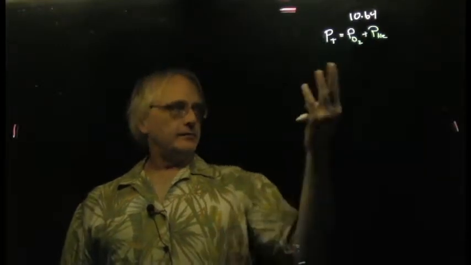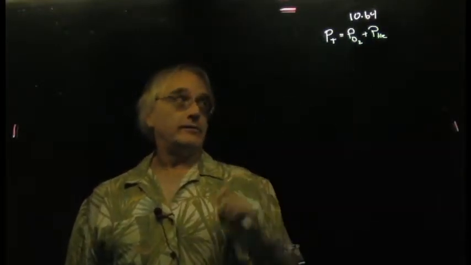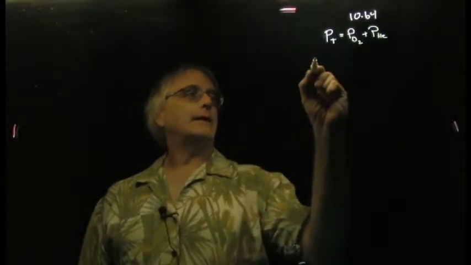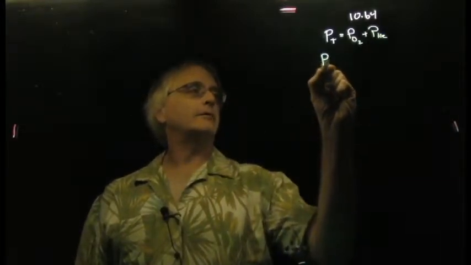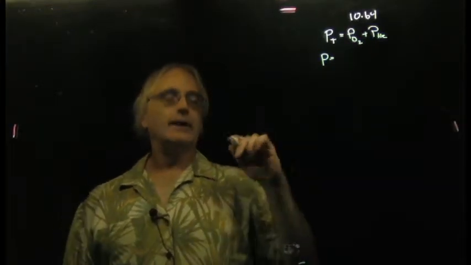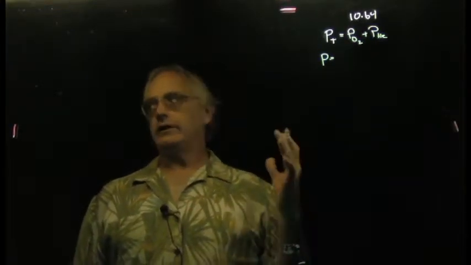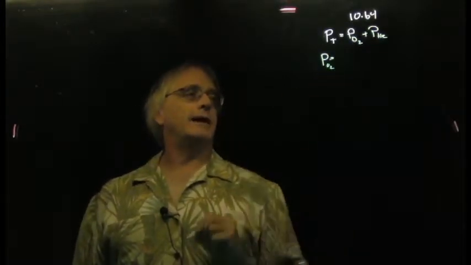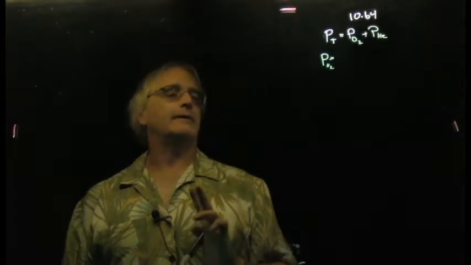Now, this is a nice basic relationship for remembering partial pressures, and then I'm going to write this one down. We're actually not going to make use of this version, but when you're dealing with gas mixtures, it's always a good idea to keep this one in mind, that for the partial pressure of the oxygen, there are two different ways to get it.